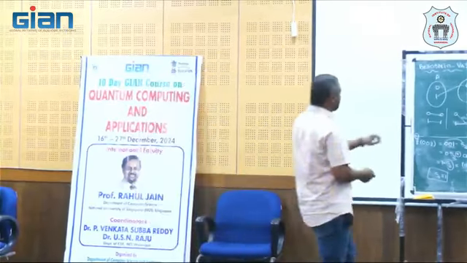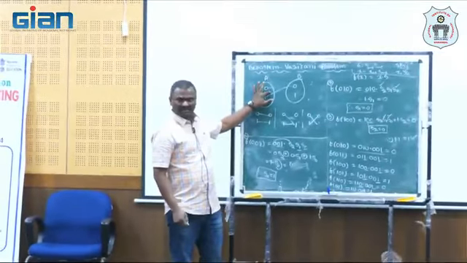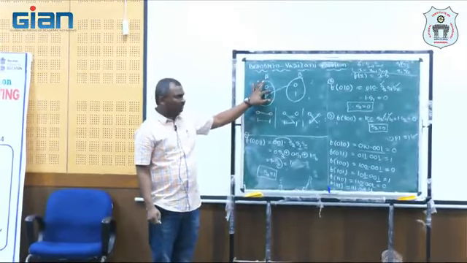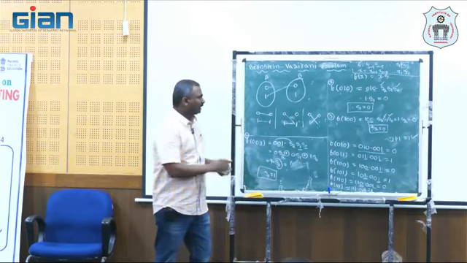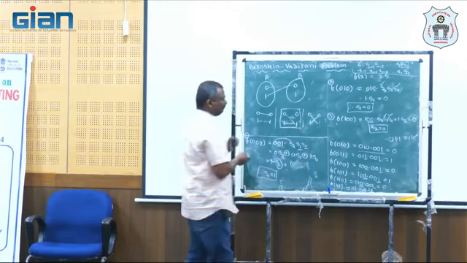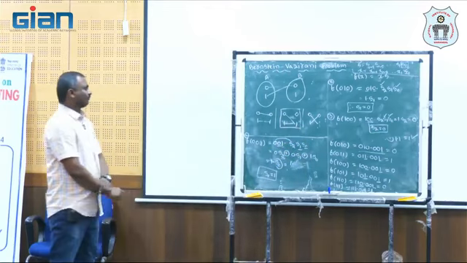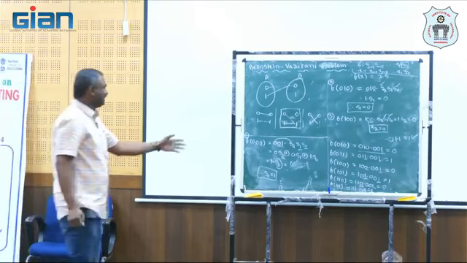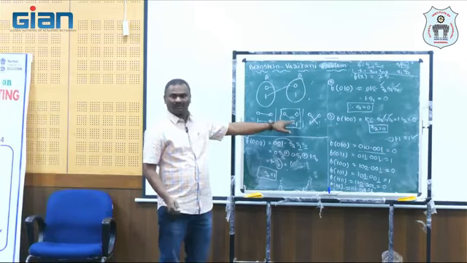Out of this, in this case we know what S is. What is S in this case? 0. What is S in this case? 1. Can you tell me S in this case? Zero into 1, 0, no. That means in this case we don't actually have one.